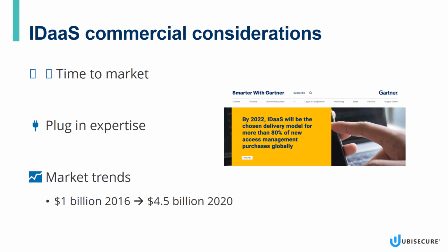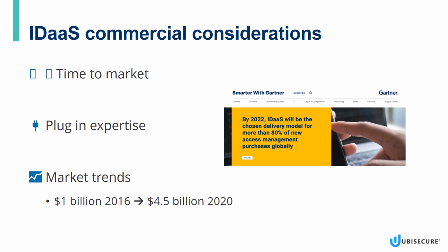We know that digital identity is complex. So by buying tried and tested identity APIs, you enable your developers to focus on developing your core business and creating real value for your customers, while at the same time plugging in identity capabilities with IDaaS takes the risk of in-house development away.